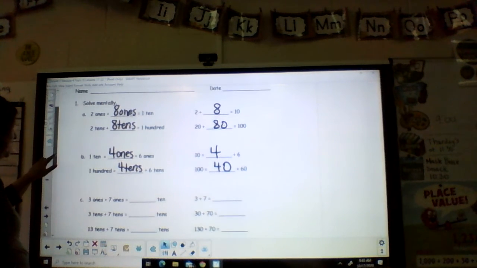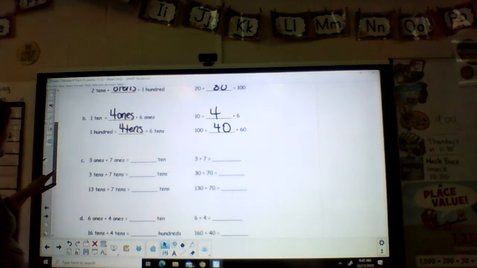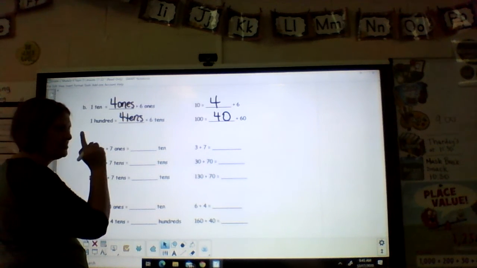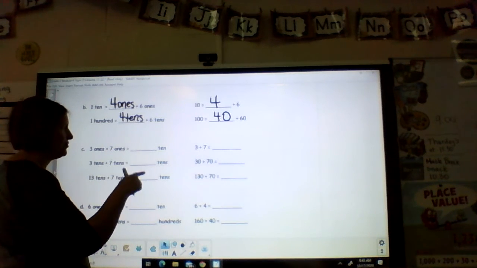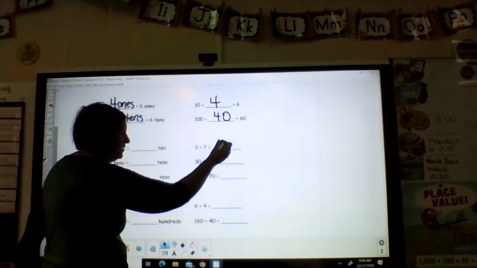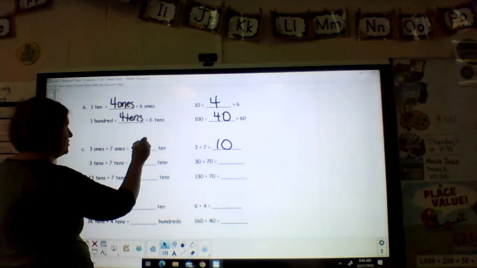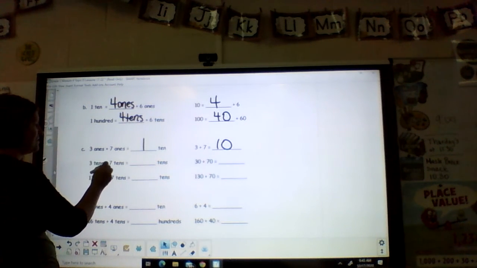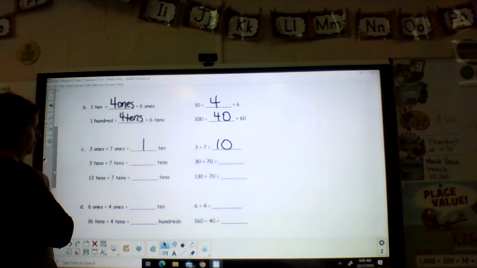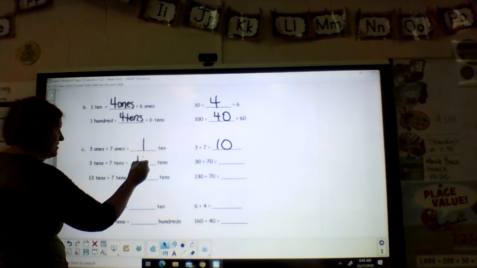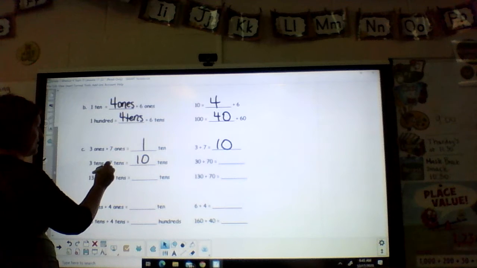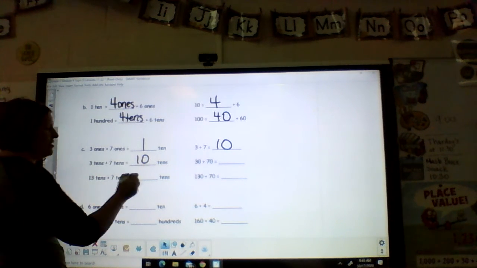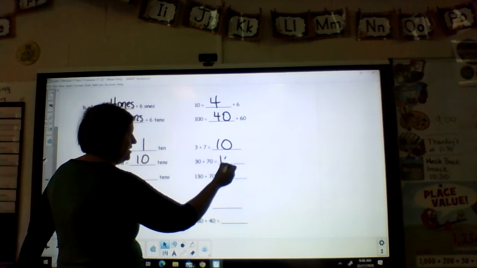All right, the next problem says 3 ones plus 7 ones. So you ask yourself, what's 3 plus 7? 3 plus 7 is 10, and 10 ones is equal to 1 ten. 3 tens plus 7 tens would be 10 tens, because 3 plus 7 is 10, so that would be 10 tens. 30 plus 70 is 100.